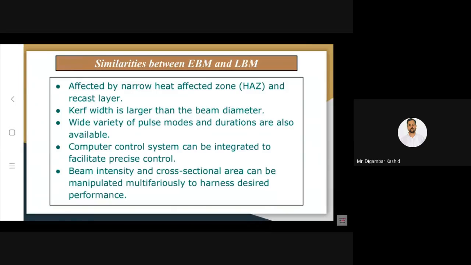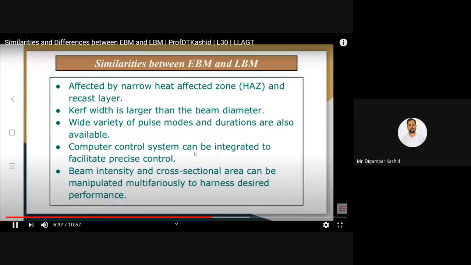And a wide variety of pulse modes and durations are also available in both cases. Computer control system can be integrated with both the processes to facilitate precise control. And last similarity is in both the cases, beam intensity and cross sectional area can be manipulated multifariously to harness desired performance.